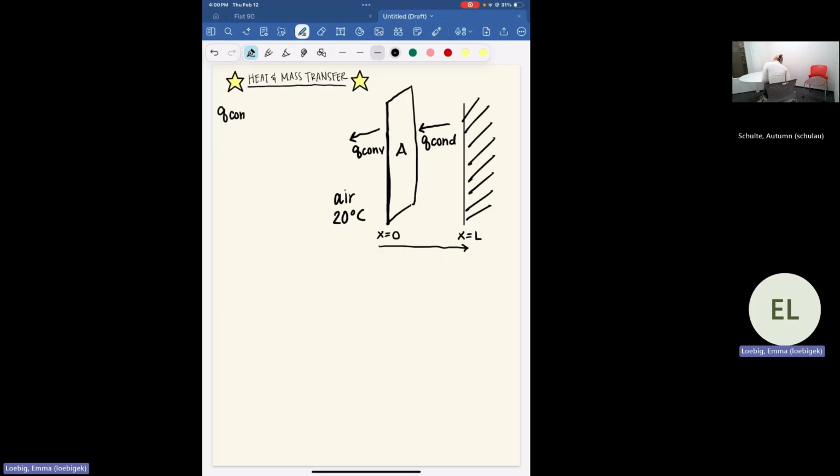Our Q convection term is going to be equal to some heat transfer coefficient H multiplied by the area multiplied by the temperature very far away, which we're going to denote as capital T infinity, minus the temperature at position x is equal to 0 at any time t.